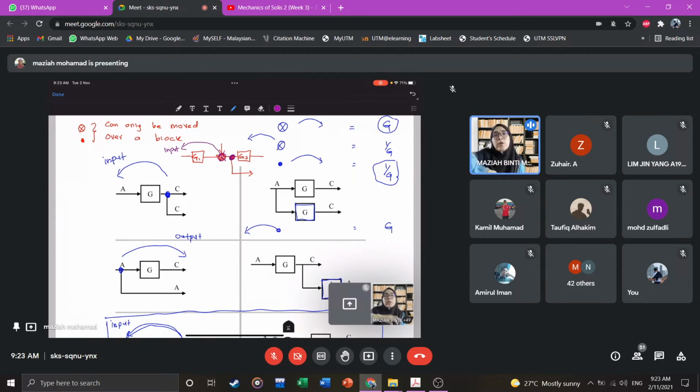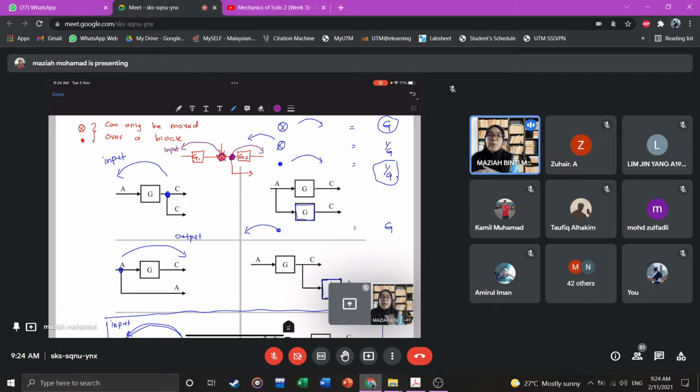So you cannot move over a pick off point, because we can only move over a block. Similarly for the pick off point here, the pick off point can only be moved toward the output.